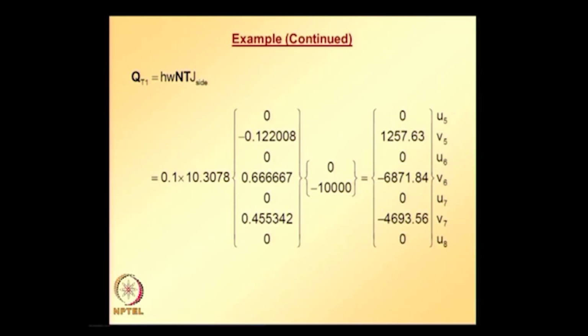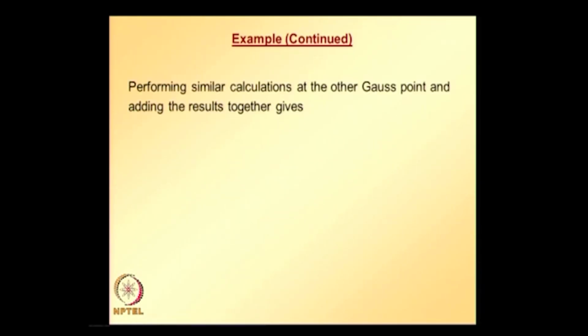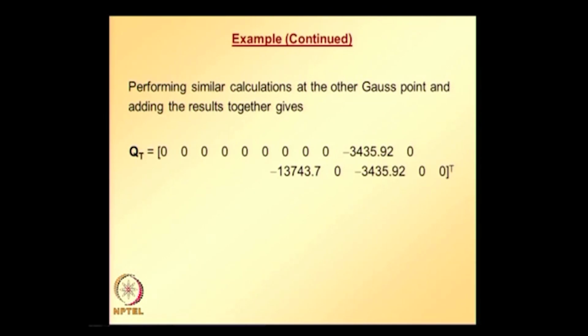Finally, evaluating the equivalent nodal load vector at integration point 1, we get this. Performing similar calculations at the other integration point and adding the results together, we get the entire load vector, which is written here.